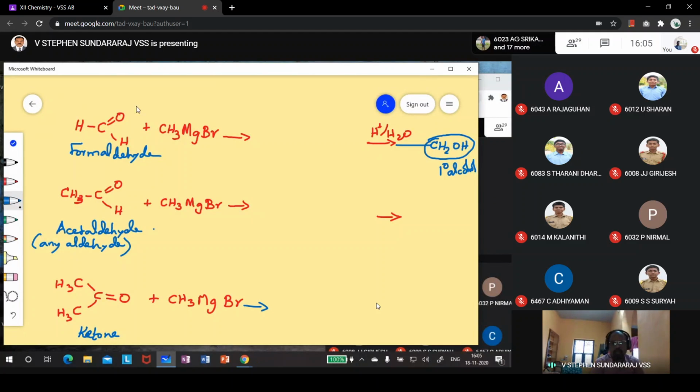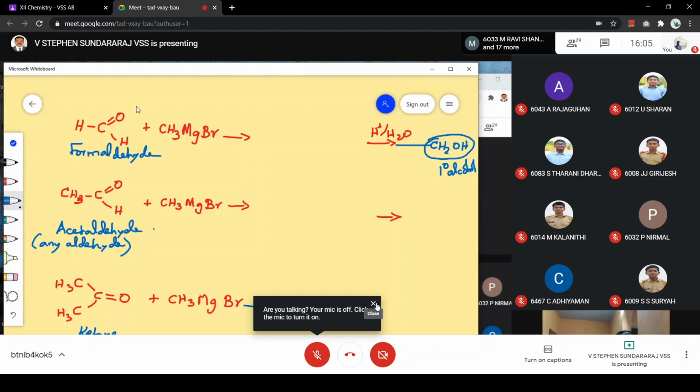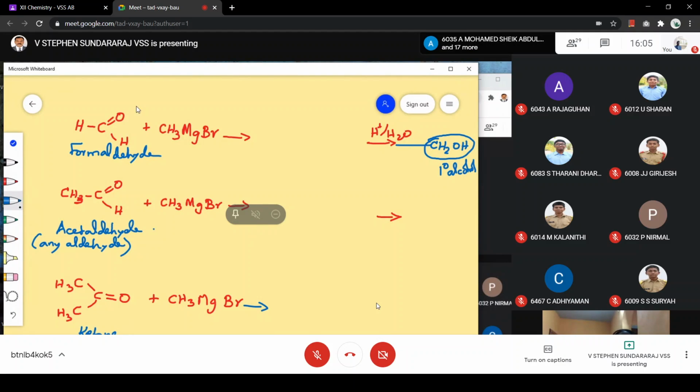And you check now acetaldehyde, any other aldehyde. The example is acetaldehyde, but it represents all aldehydes other than formaldehyde. What is the alcohol you are getting? Secondary. You will get CH only, because here one branch will come, here one branch. So this is secondary alcohol.